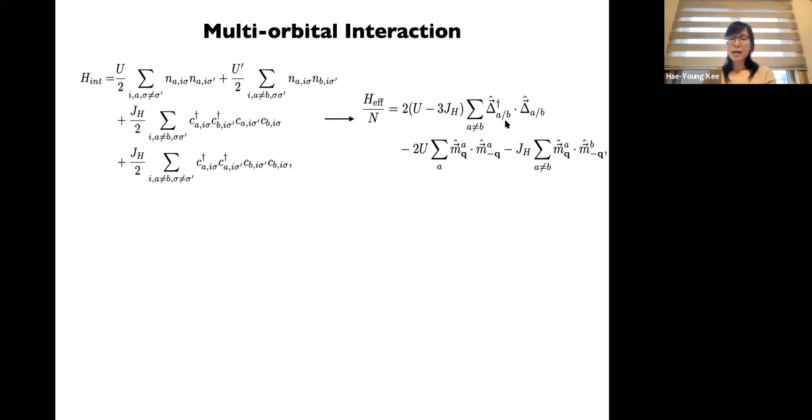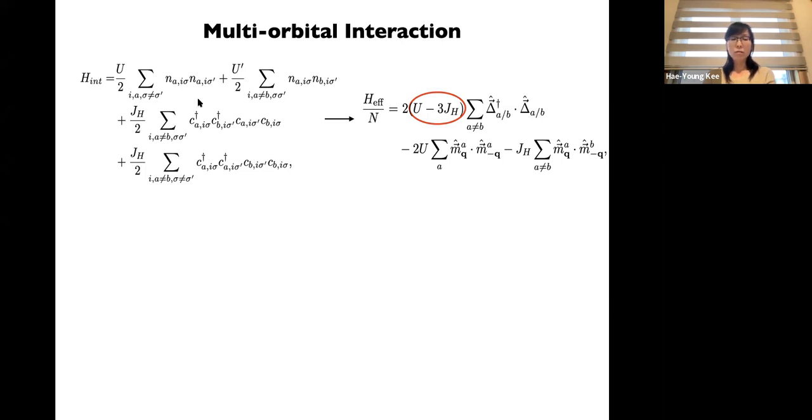But in any case, I'm going to decouple them in the pairing channel, which is this orbital singlet, spin triplet AB, and it also allows a spin density wave, the magnetic ordering M. This one is intra-orbital because it comes from the Hubbard interaction. So for the triplet channel, the effective interaction is U minus 3J_H. In fact, it's U prime minus J_H, and U prime is U minus 2J_H. That's where they come from.